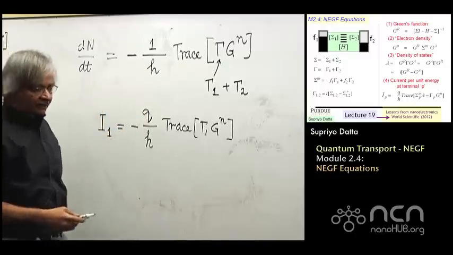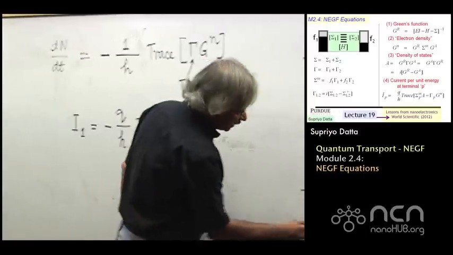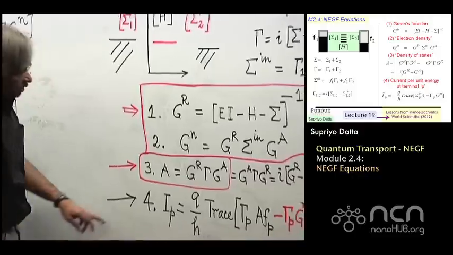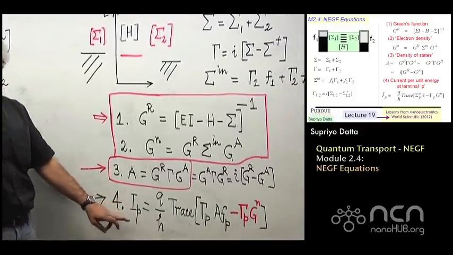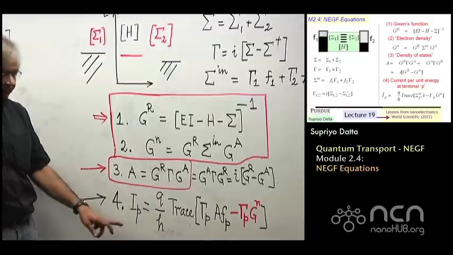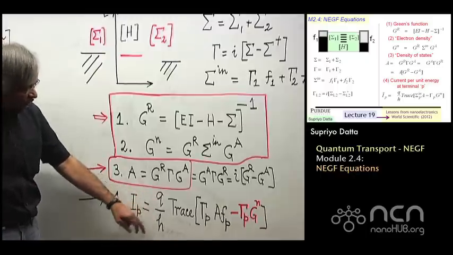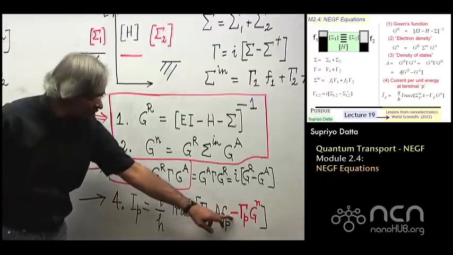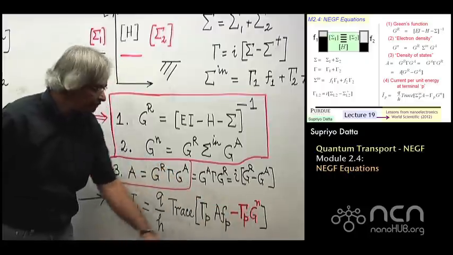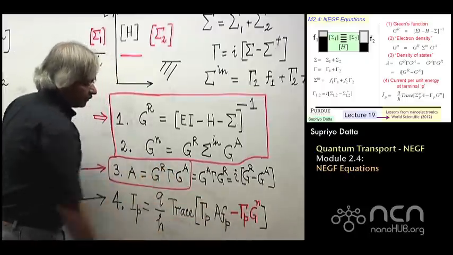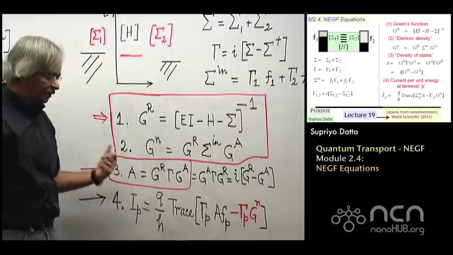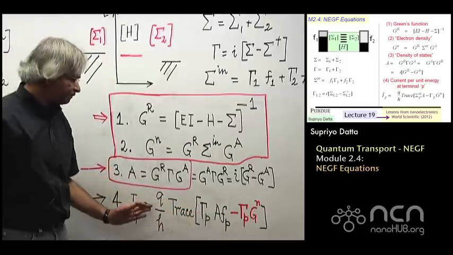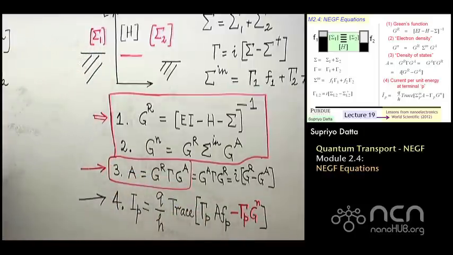So if you look back at the equation I was trying to get, this current expression, current at terminal p, p meaning 1, 2, whatever, we got q over h trace of minus gamma p Gn, you see? So that's the thing in red here. What you don't yet have is this first term, the black one, and I'll explain in a minute where that comes from. But what we have is the second one.